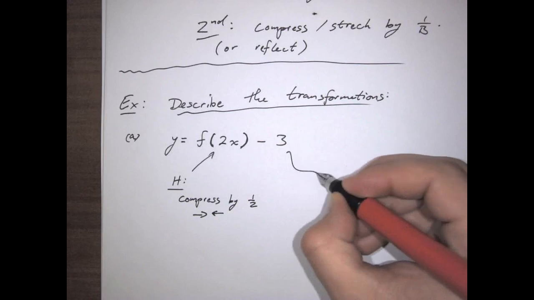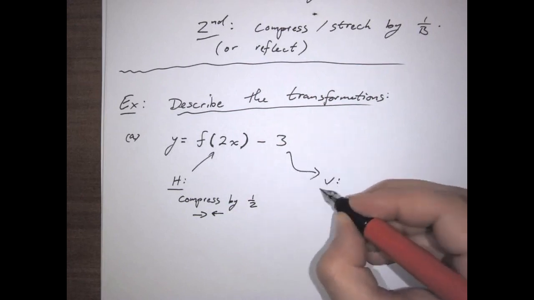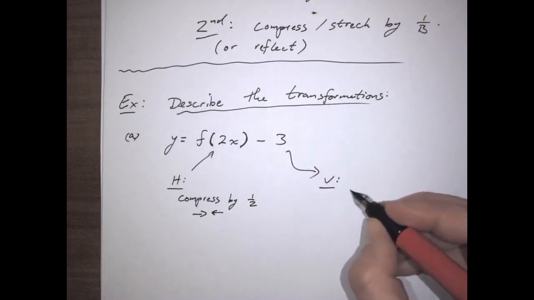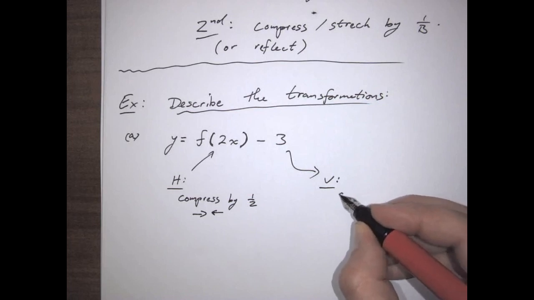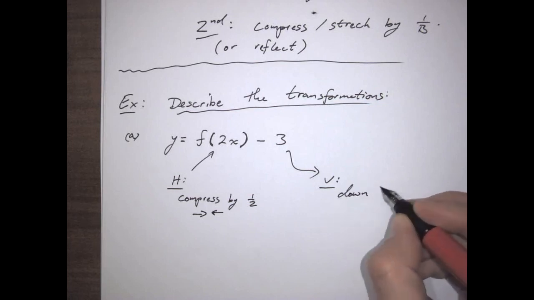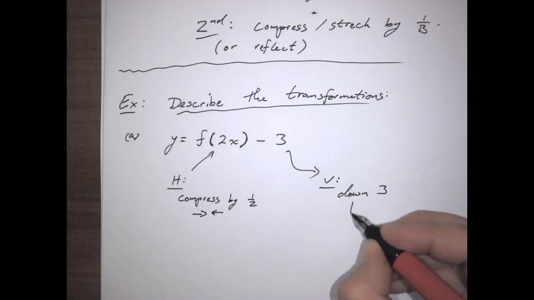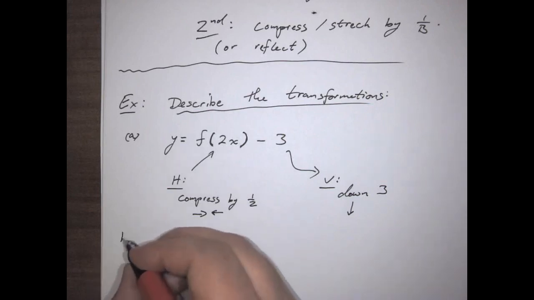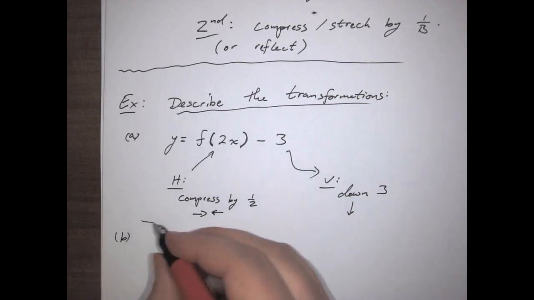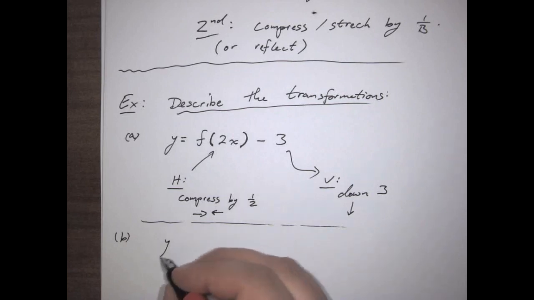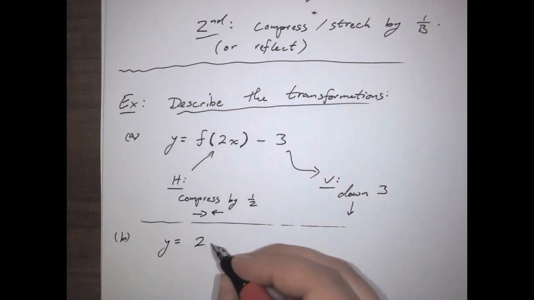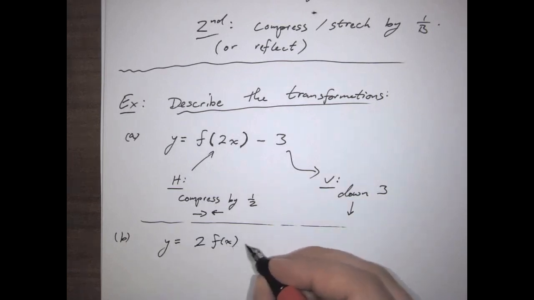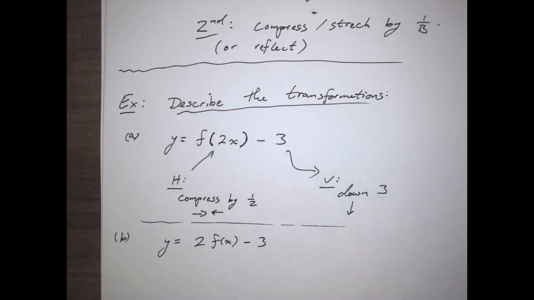Then as far as the vertical side of things, we are just moving it down 3. So just straight up, downward shift. What if, on the other hand, what we had was 2 f of x minus 3?